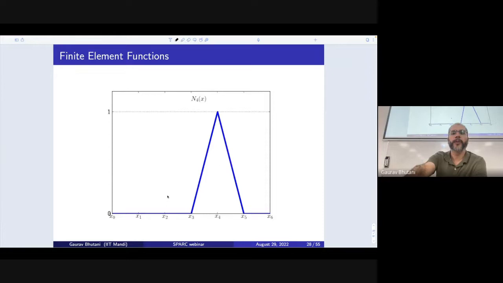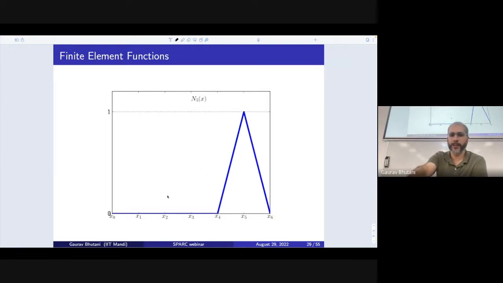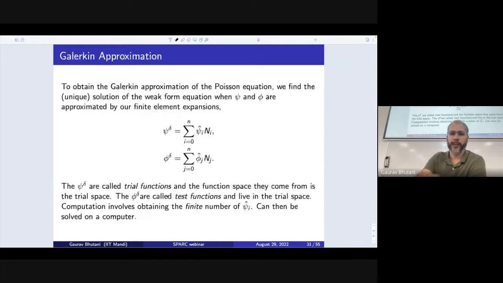So it's simply how to number them. We take two elements together and call it one function. These are called hat functions as well, very standard finite element functions. And since it's a Galerkin FEM, our test functions and trial functions both come from the same space, so the same shape functions represent these.